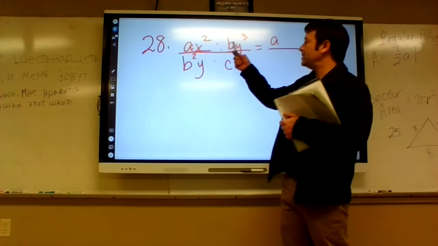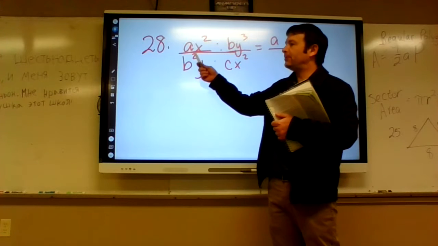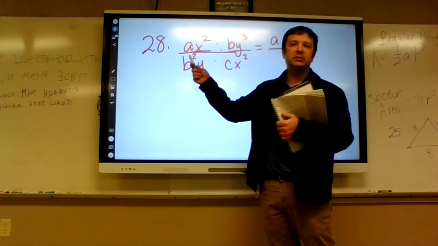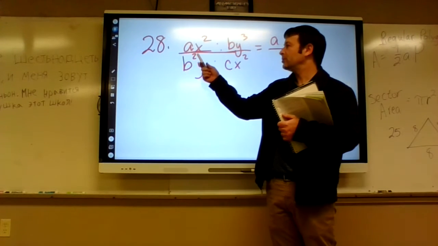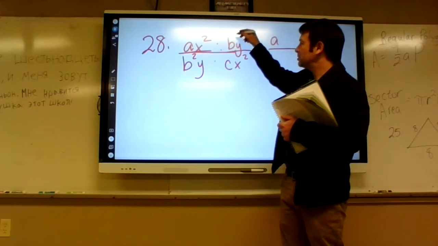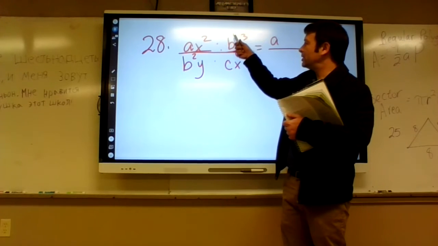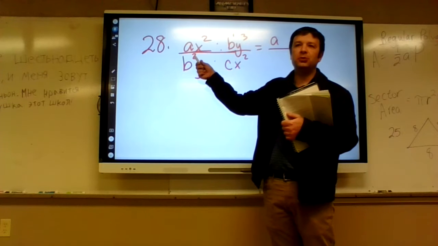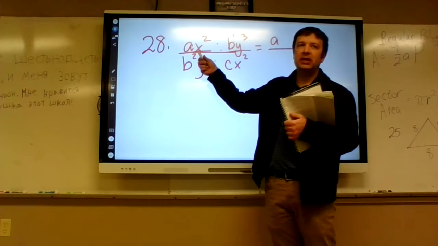Then let's go on to the B's. I see a B divided by B squared. You remember how we did this on Friday? What do we do with the exponent? We subtract: 1 minus 2 is negative 1.